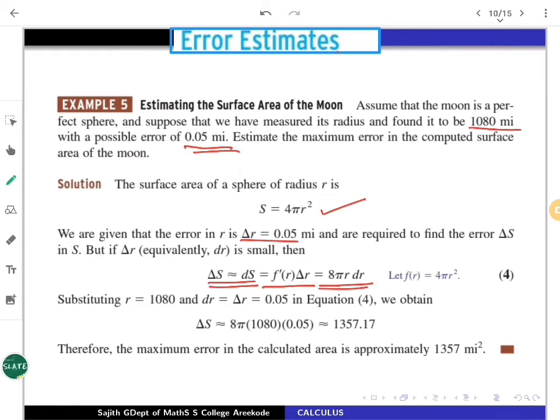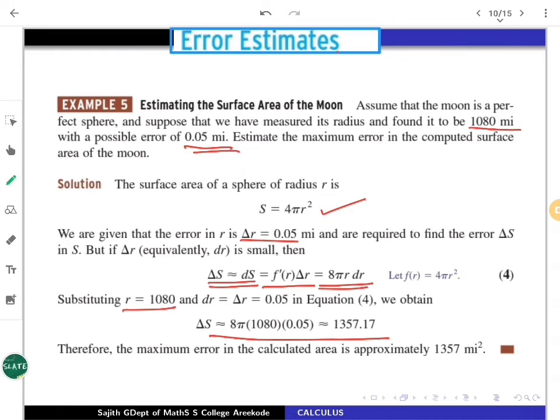Just substitute. r is found out to be 1080, dr is 0.05. Just obtain delta S, appropriately putting it, and you will be getting 1357.17. So a maximum error you can calculate. This is an approximation for dS. So you will be getting 1357 if you take just the integer part, miles square.